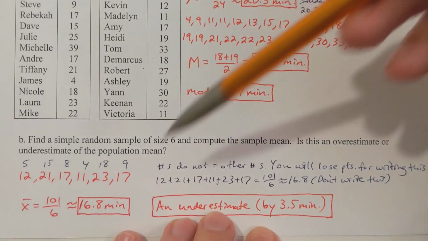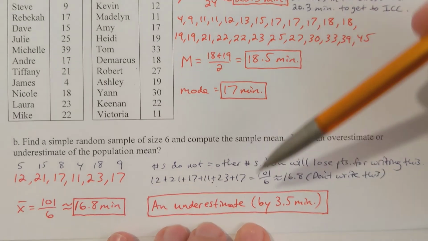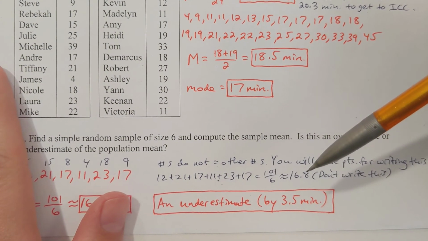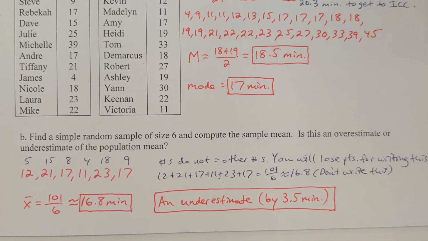So we underestimated the true average. We underestimated by 3.5 minutes, and so I guess it's not a lousy sample, although it's not great. There are just some things that you want to be aware of when you go out and get a sample.